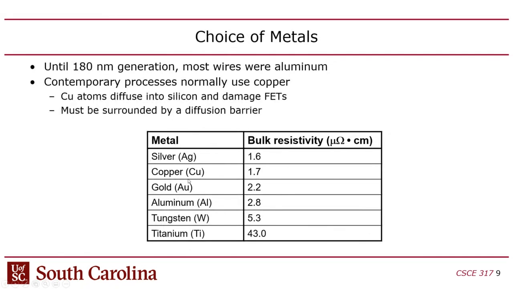Generally speaking, wires these days are made out of copper. They used to be aluminum. Copper has a few other challenges that I actually wasn't aware of until I started looking into it for this class. I've never designed a chip with copper wires. I've always done aluminum wires, but apparently with copper, there are some additional design rules that you have to follow in order to avoid copper damaging the transistors.